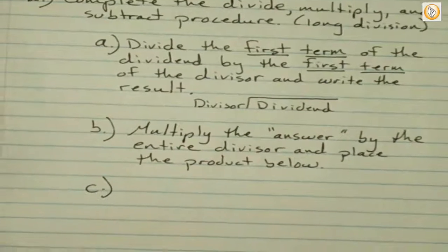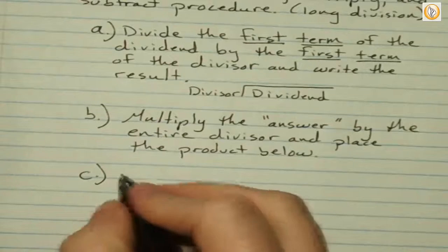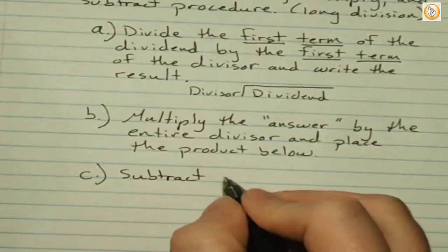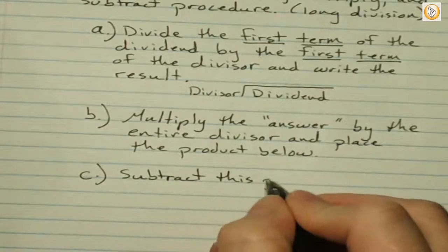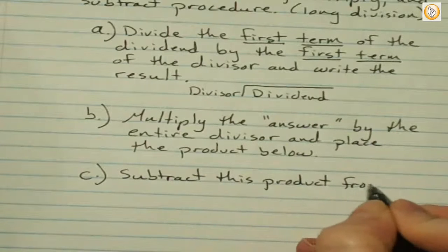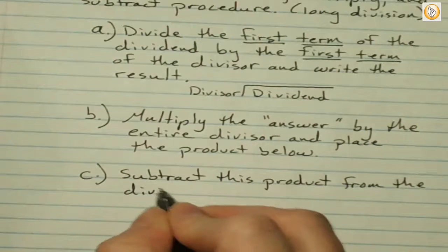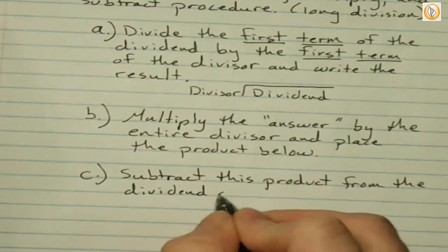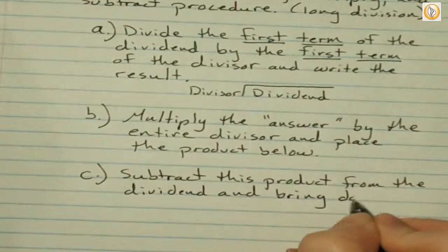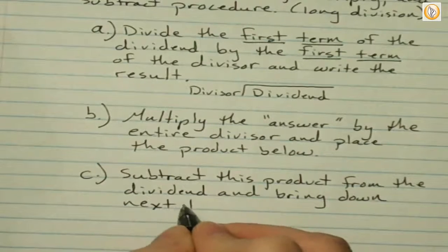C. Subtract this product from the dividend and bring down the next term.